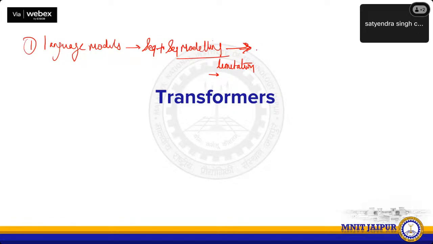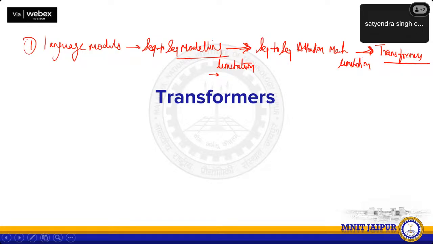So for improvement we studied sequence to sequence with attention mechanism, and still there were some limitations, so we moved towards the new progress made with transformers. And transformers have been the backbone for all the LLMs that exist. So we'll discuss the transformer now in this session.